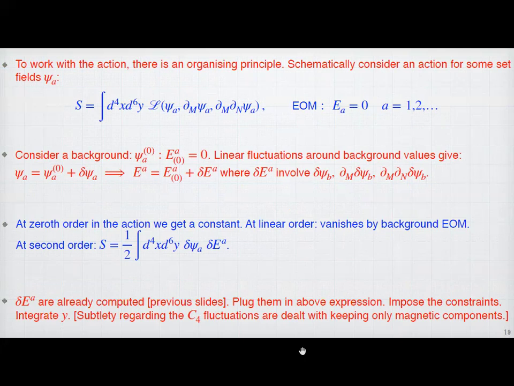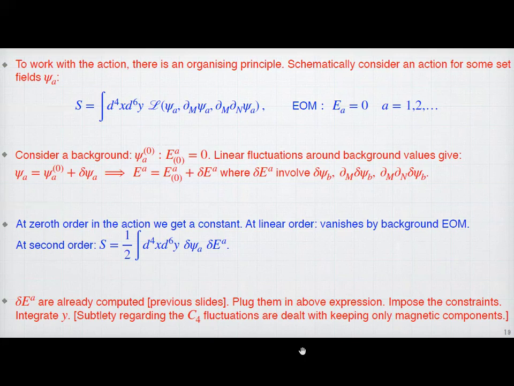But in the action also there is an organizing principle. I will just describe the schematic one, and the details are in the paper. So to work with the action, schematically, you can consider a set of fields psi A, and then we have an equation of motion. This side I will call the equation of motion operator, which equals 0. So they are functionals of the fields.